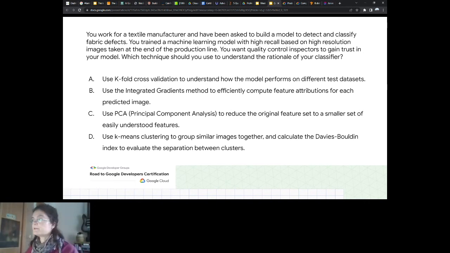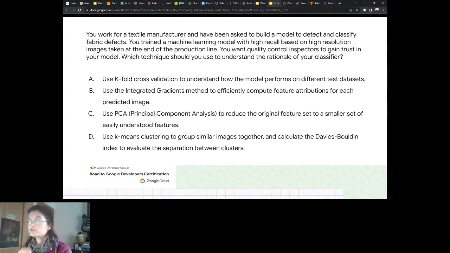That's recall. So it has a high recall, which is good. It means you're covering most of the defects. Thanks to high resolution images taken, and so on. That's not important. Now, attention, you want quality control inspectors to gain trust in your model.